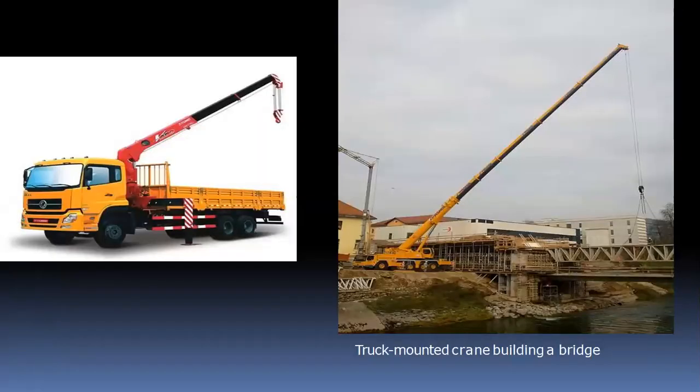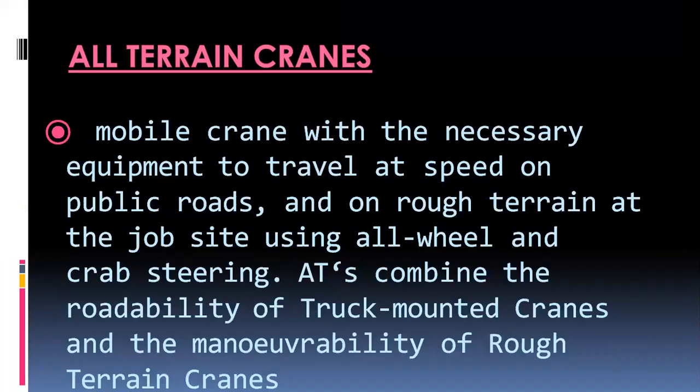Here you can observe this is the truck mounted crane building a bridge. Here these can easily carry to larger distances from one side to another, and also they can travel on highways. Depending upon the necessity of the boom, they have to be transported from one place to another place.